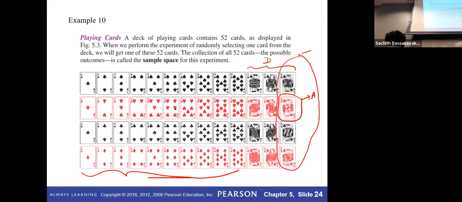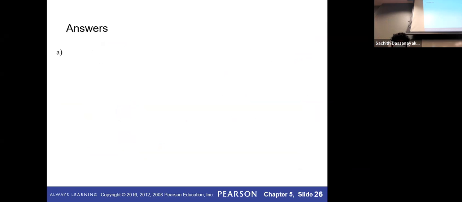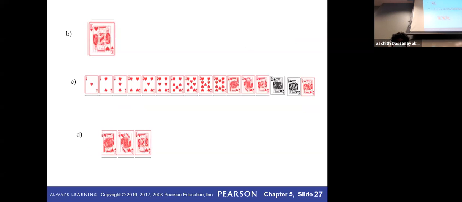Hearts means this row. So you have to combine these two together. That's the B or C. Let me check. Yes. This is the column, this is the last column, and this is the row.